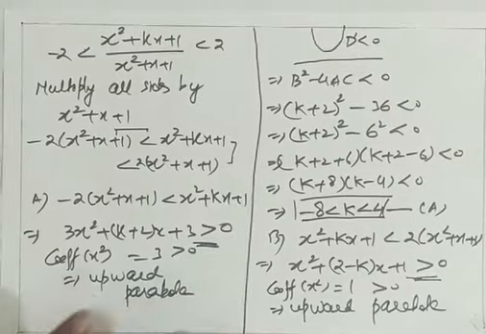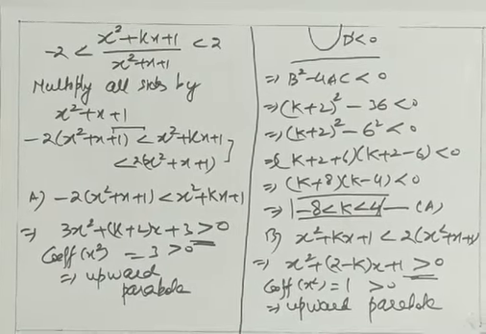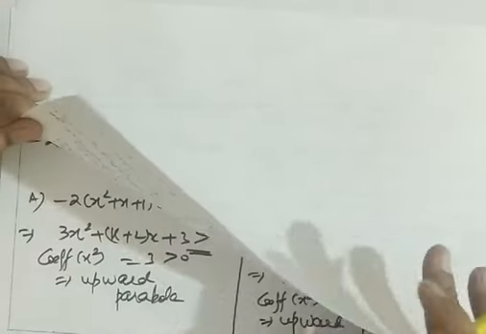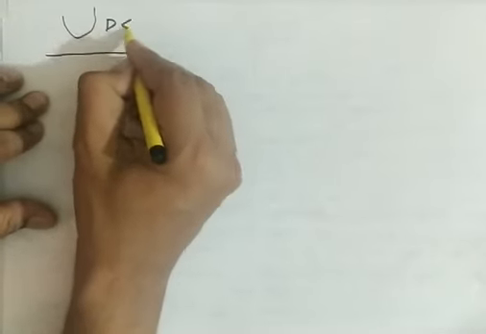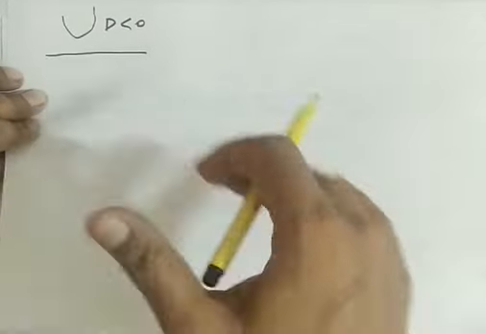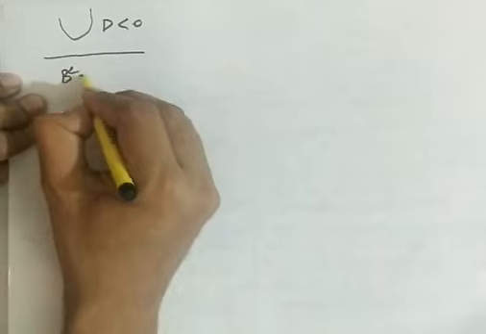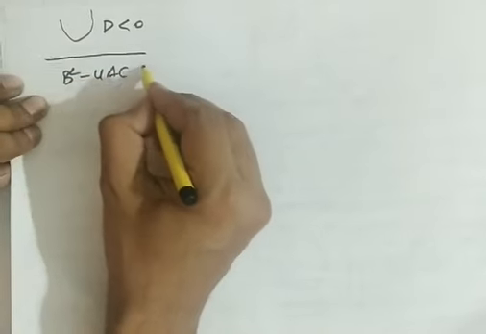So graphically it means the parabola will always be above the x-axis. This is the x-axis, the graph will be like this. That means the discriminant b square minus 4ac will be less than 0, not greater than 0, less than 0.